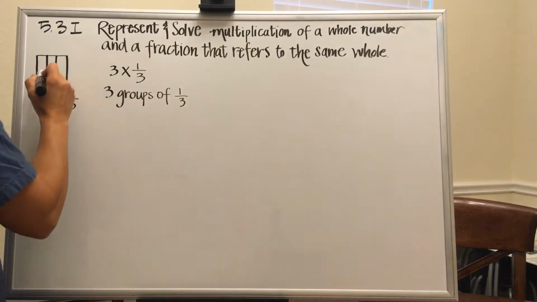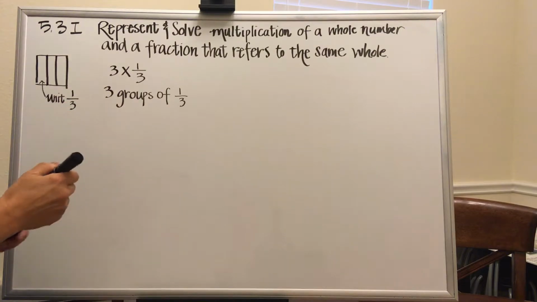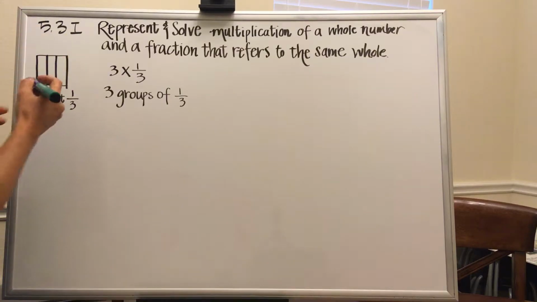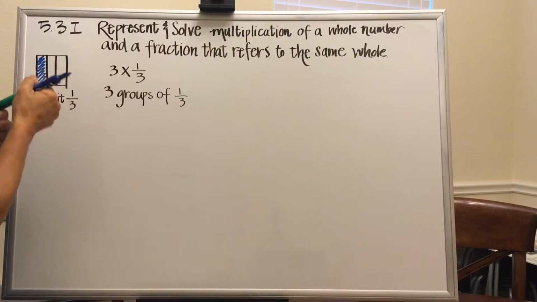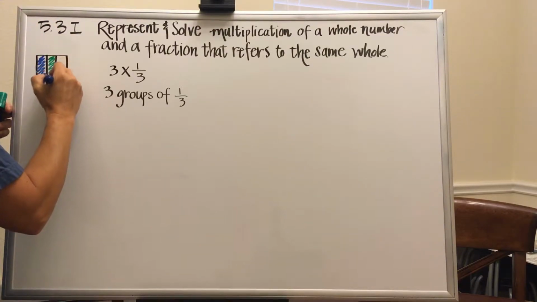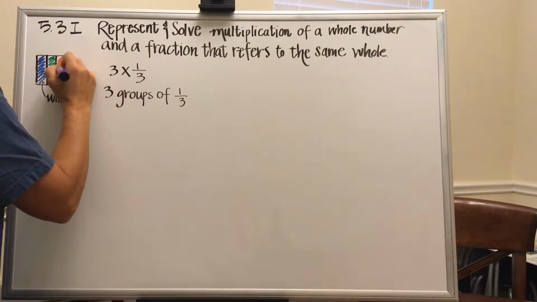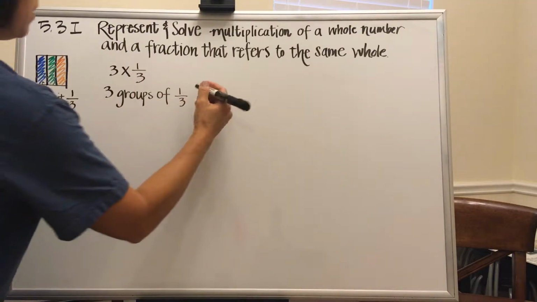That means I have 1/3 here, another 1/3, another 1/3. I'm basically adding 1/3 3 times. Now I can use a diagram and look at that. There's 1/3, there is 2/3, and my thirds make 1 whole. Okay, so my answer should be 1 whole.